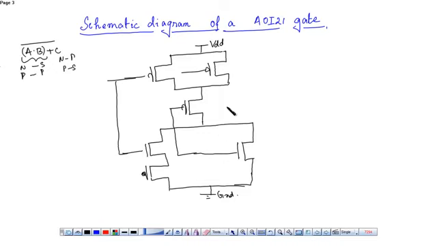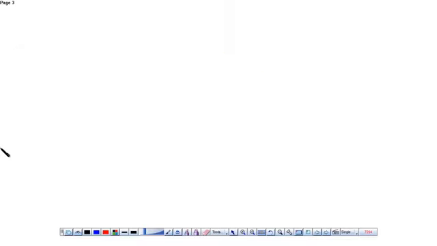I think the better diagram would be somewhat like this.